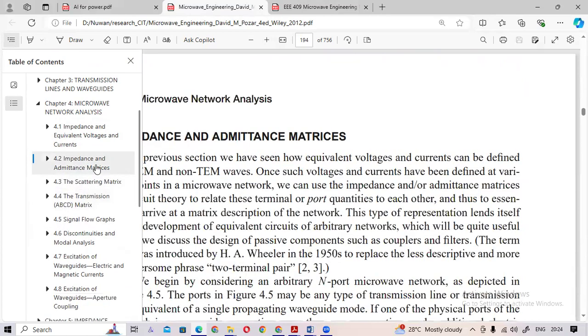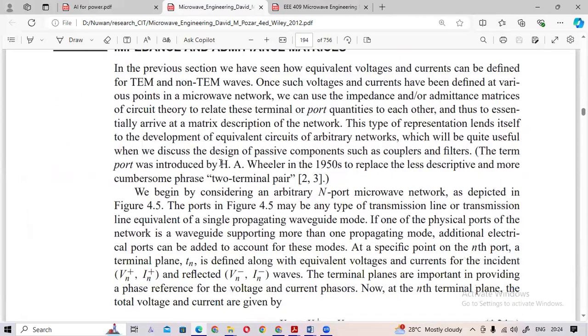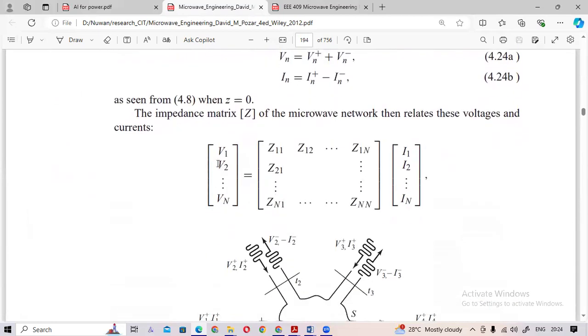First, you know what impedance is. Impedance and admittance you already know. Normally, impedance is a complex value. It has a real part, that is the resistance part, as well as a reactance part.